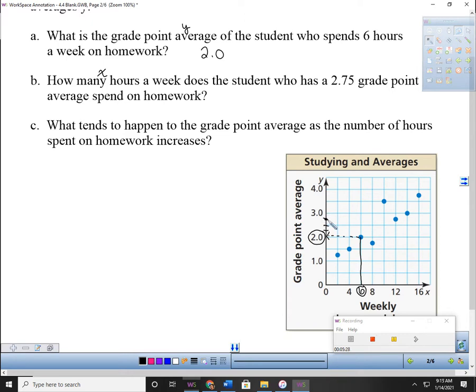So we're about right here, halfway between the halfway. So I'm going to find that grade point average, 2.75, and I'm going to go over. That would be this student right here. I'm going to drop down, and that tells me that they spend 12 hours a week. So we'll say 12 hours per week, right?